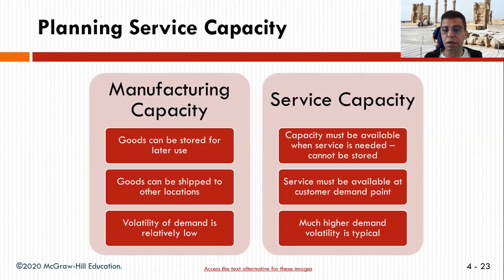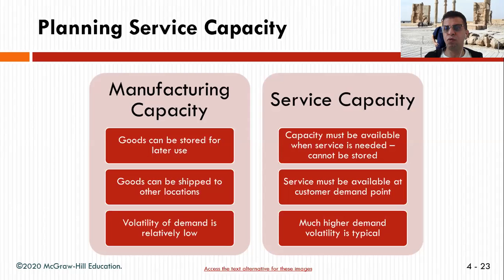The other thing, service must be available at the customer demand point. Whenever the customer wants this, the service should be available. And later on, we talk about efficiency versus effectiveness. For example, if you walk into a store and there are 5 people and you don't wait a lot to get your service, this is a very effective service.